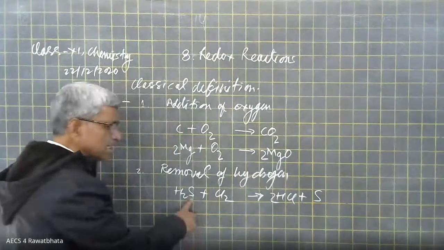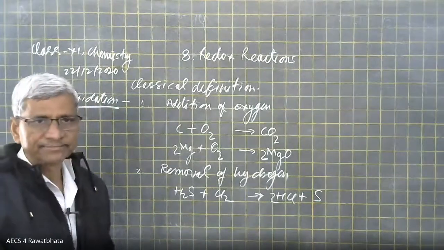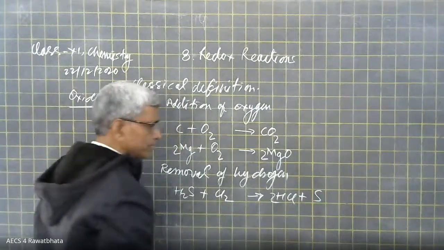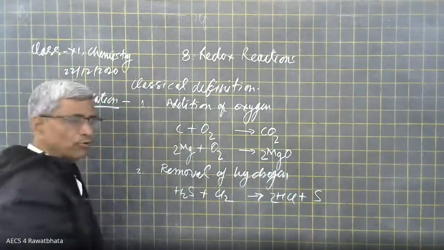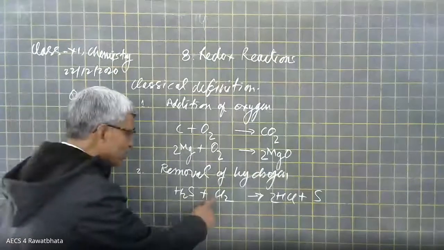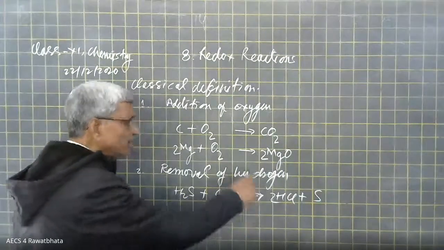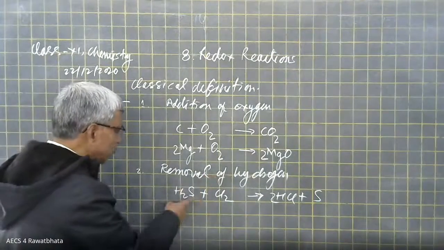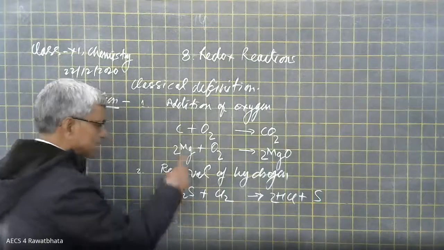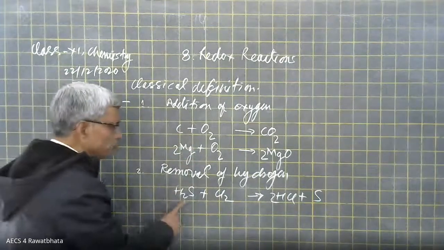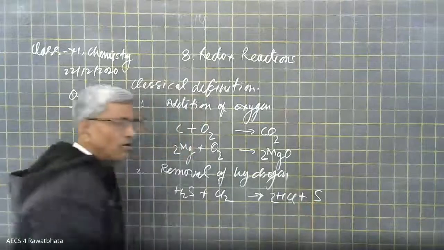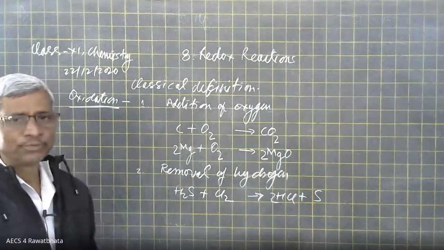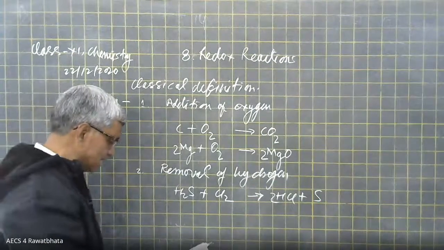Here in H2S, sulfur is in the form of sulfide ion, S2 minus. Sulfide ion is oxidized into sulfur because hydrogen is being removed. And chlorine joins with the hydrogen, so it is reduced. So it is a redox reaction. But here we can say only hydrogen is being removed from H2S. That's why H2S into sulfur is called oxidation. Hydrogen is being removed from there. That's why it is an oxidation reaction.